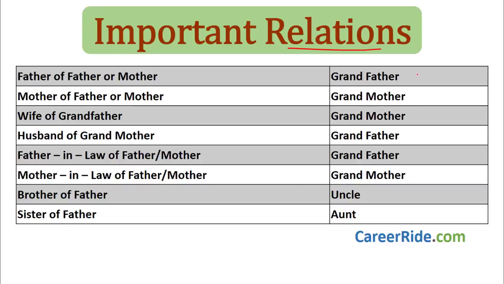Father of father or mother is grandfather, then the mother of your father or mother is grandmother. Then brother of your father is uncle, sister of your father is aunt. Now let's move on to other important relations, but please take a look at these. You read all of them. I'll move on to the next set of relations.